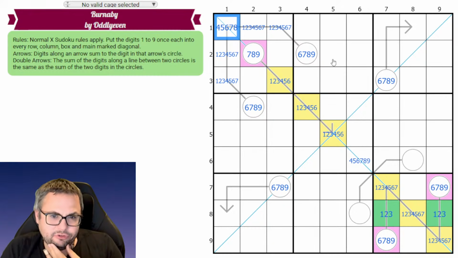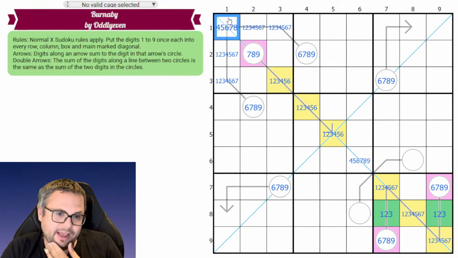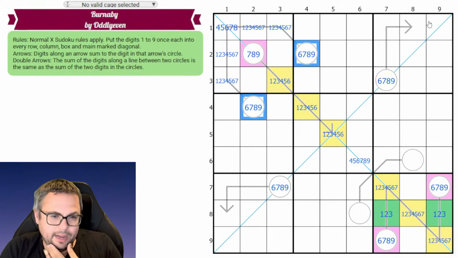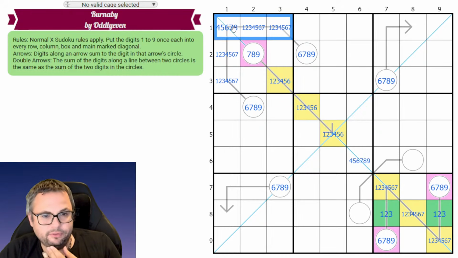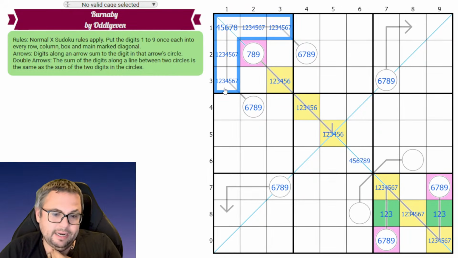Except it can't actually be 8 for reasons that are slightly complicated. So we have to ask about what is the world where this is an 8. And the world where this is an 8 is the world where both of these are 9. And the problem with that world is that there's no 9 in this box anywhere anymore, because you're definitely not putting a 9 on here.